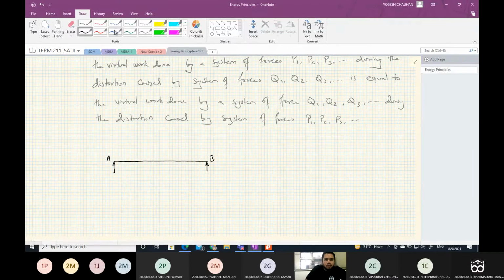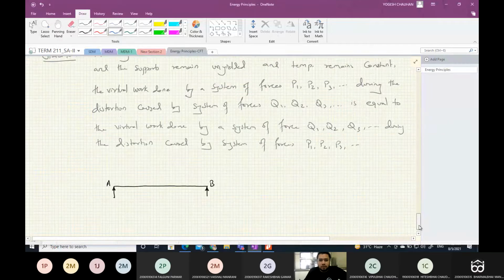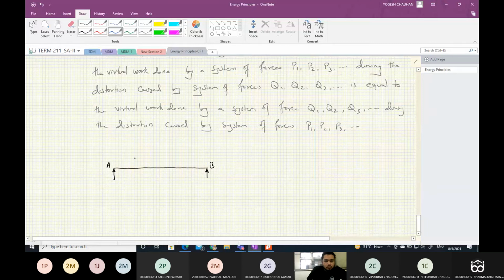And let it be subjected to a system of forces P1, P2, P3.